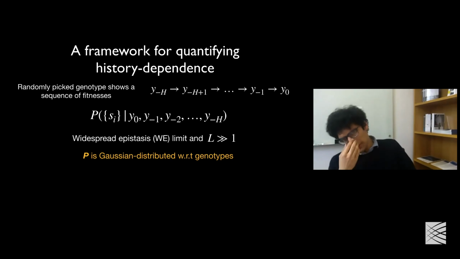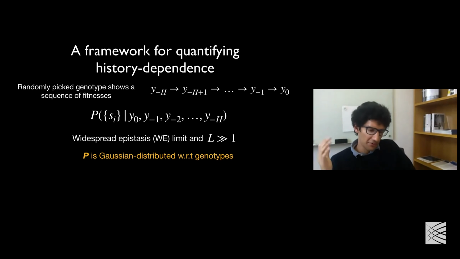Now, I'm going to argue that when you have widespread epistasis, you have a complex trait, and you have epistasis that is essentially idiosyncratic, and you have many loci that contribute to the trait, this distribution of fitness effects is essentially a Gaussian distribution because of these central limit theorem kind of arguments.